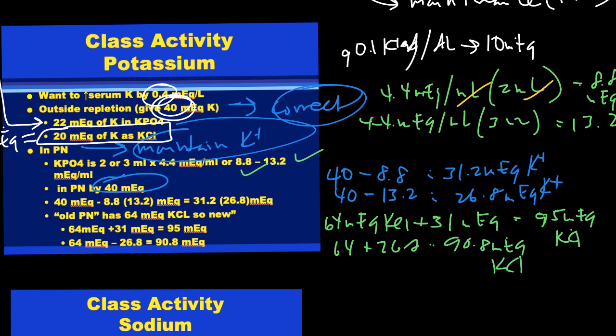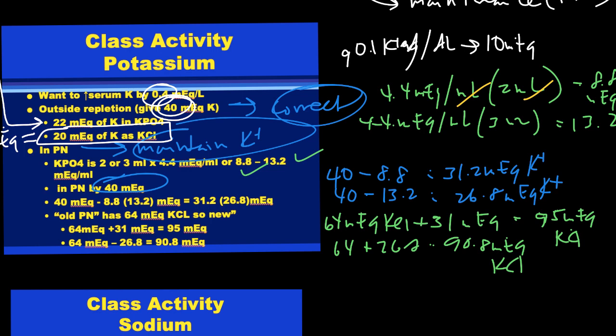So we're going to apply that missing 18, or you just round it up to 20, of potassium as potassium chloride. So for the bolus dose, you're going to give them 22 milliequivalents of potassium as potassium phosphate, which you already did by supplying the phosphate. And you're going to give them the bolus dose of 20 milliequivalents of potassium as potassium chloride.